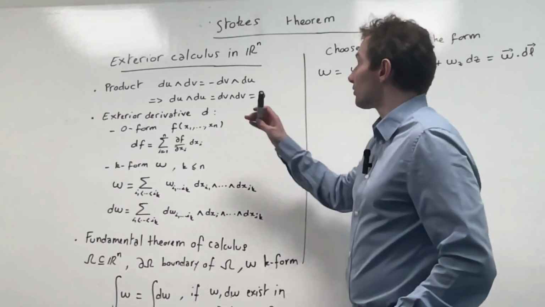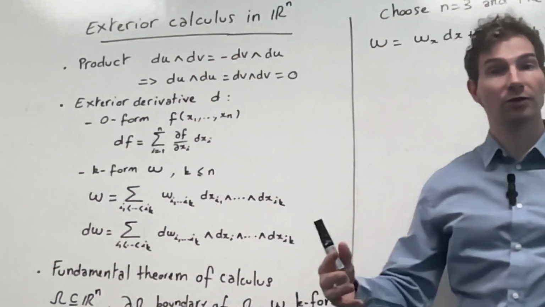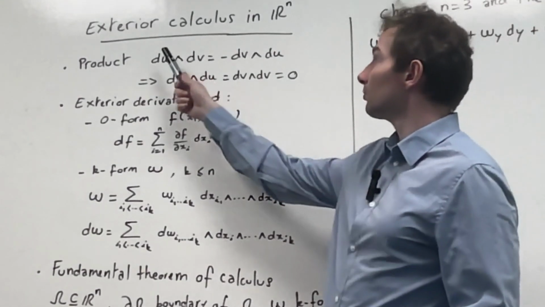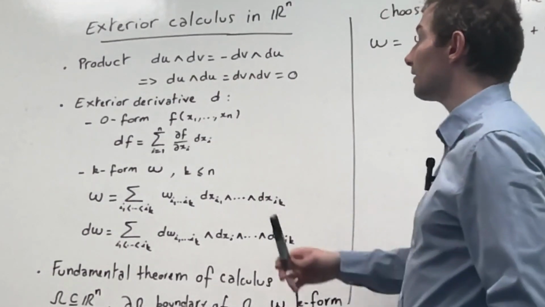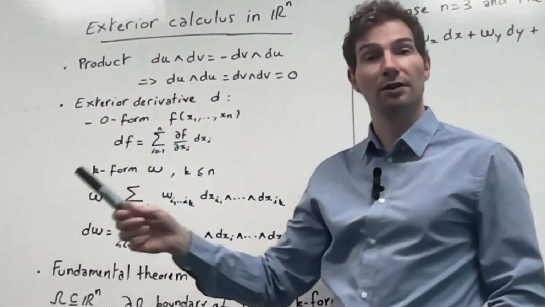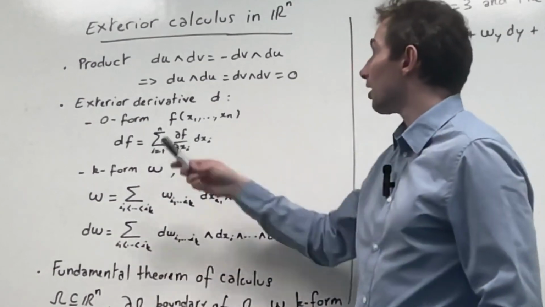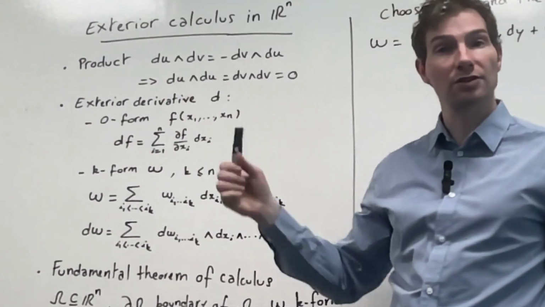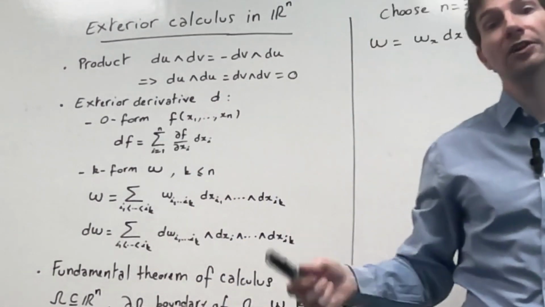So, again, just as a summary of how these things work, just in case you didn't want to check the video from before, essentially we work in exterior calculus in Rn, where you define what you call an exterior product between two differentials, and it is defined in such a way that du wedge dv is equal to minus dv wedge du.